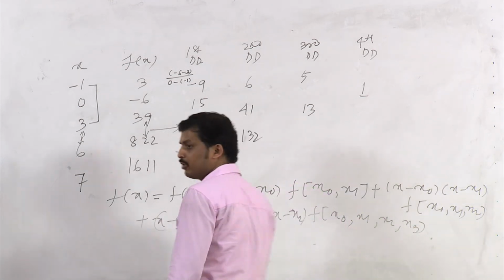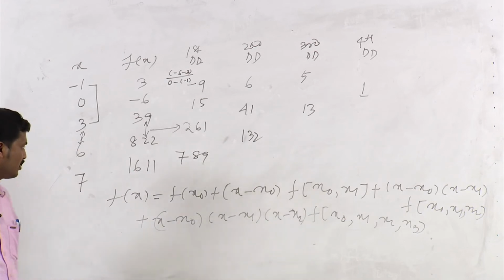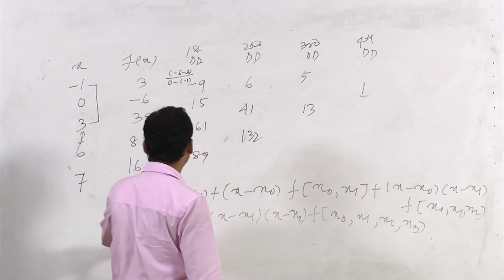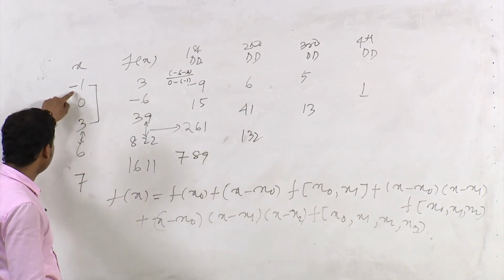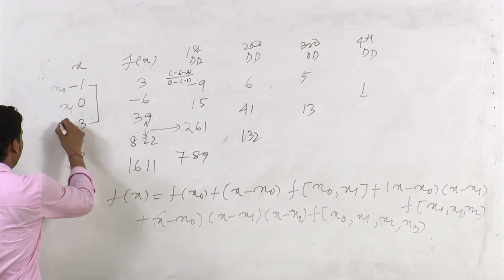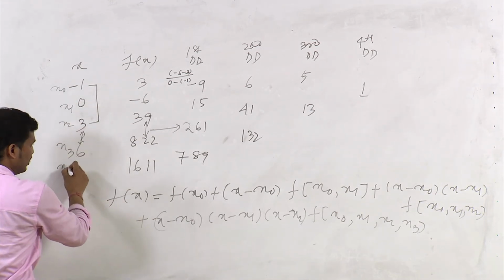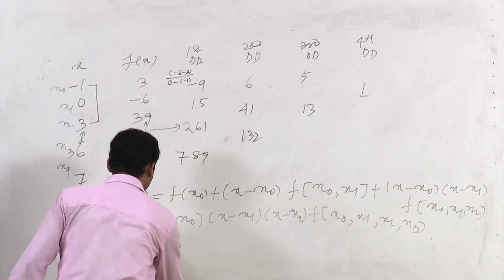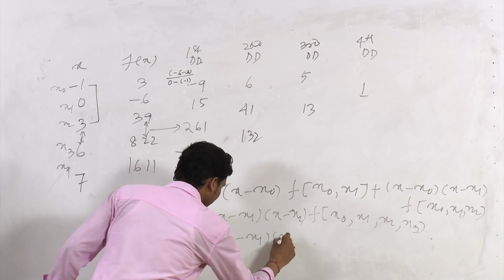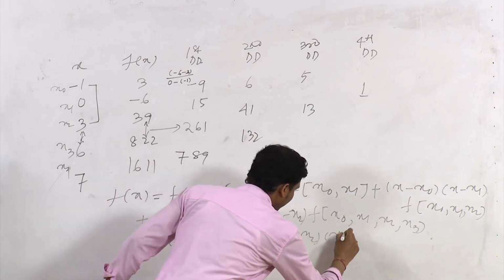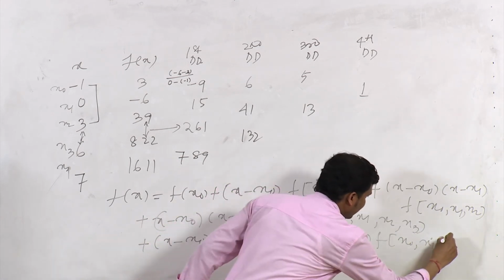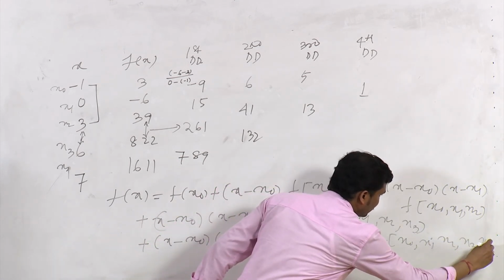Since we have x0, x1, x2, x3, x4, I have to add one more term here, that is x minus x0, x minus x1, x minus x2, x minus x3, f of x0 x1 x2 x3 x4.